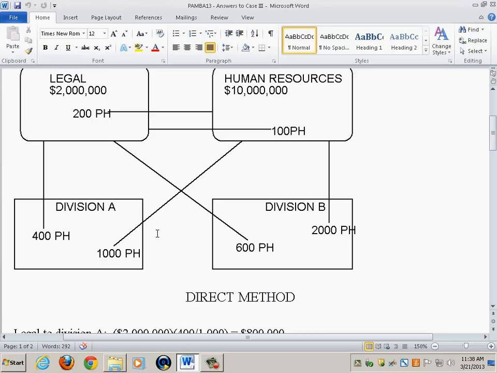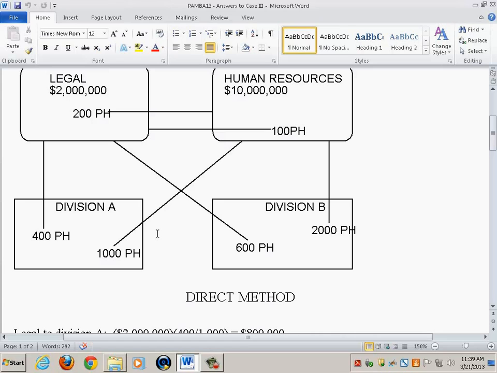Well, we can mandate a reciprocal cost allocation system by top management, say the controller's office, or whoever is in charge of cost management. So that's one regime.